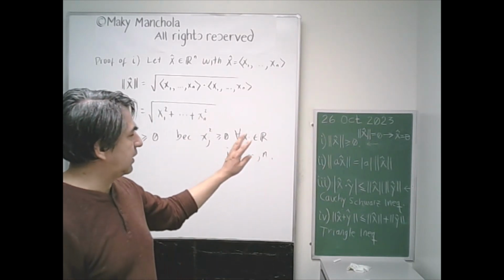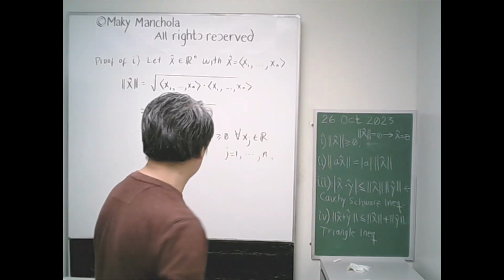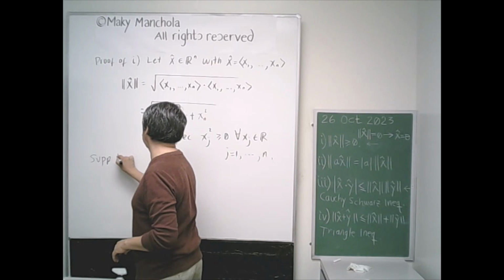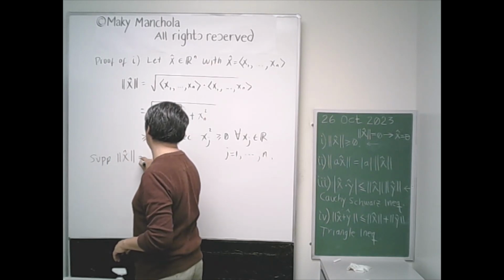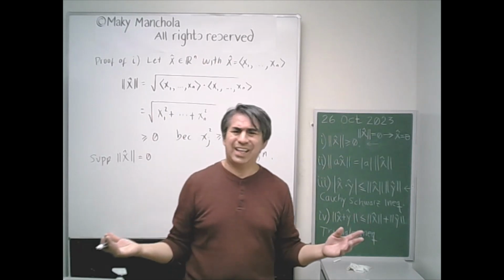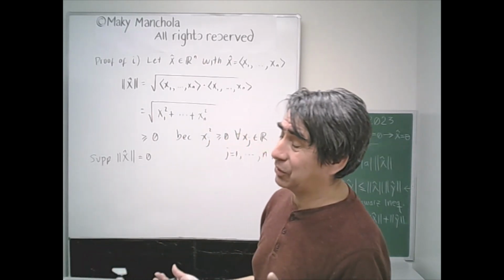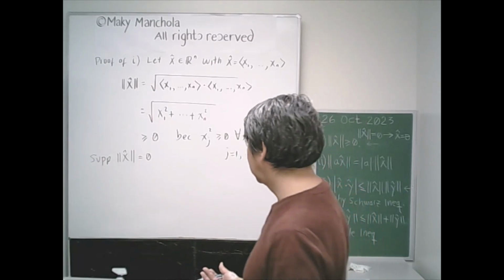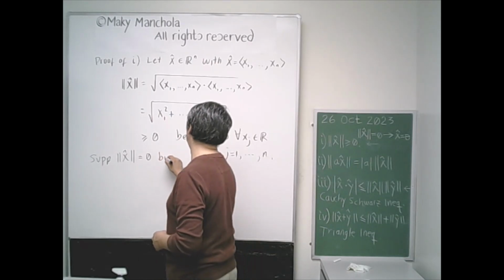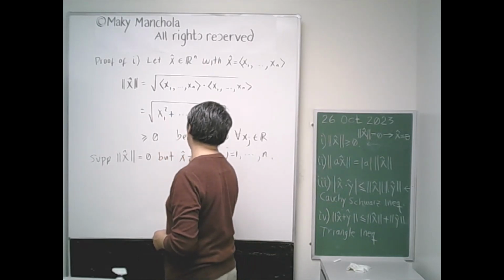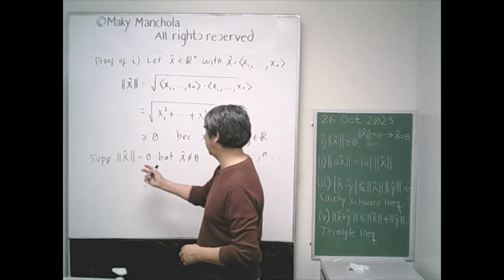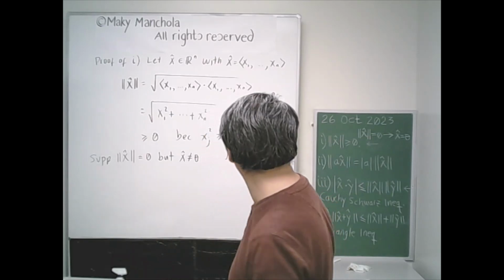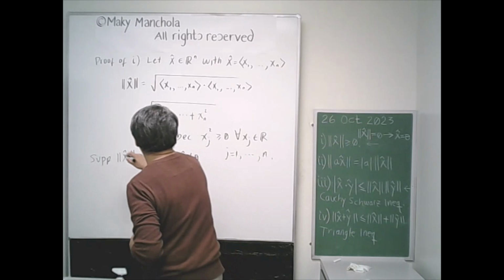Now let's suppose that the norm of x is 0, but that x weren't the 0 vector. Suppose that the norm of x were 0, but x weren't theta. In other words, suppose that you can get the norm of x to be 0 without x being the 0 vector.